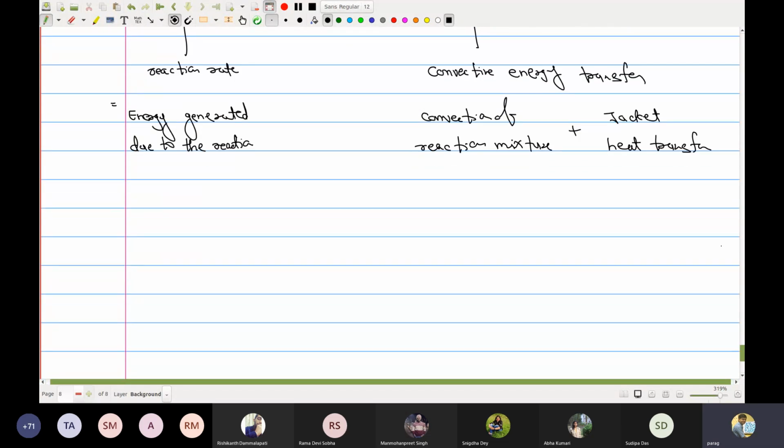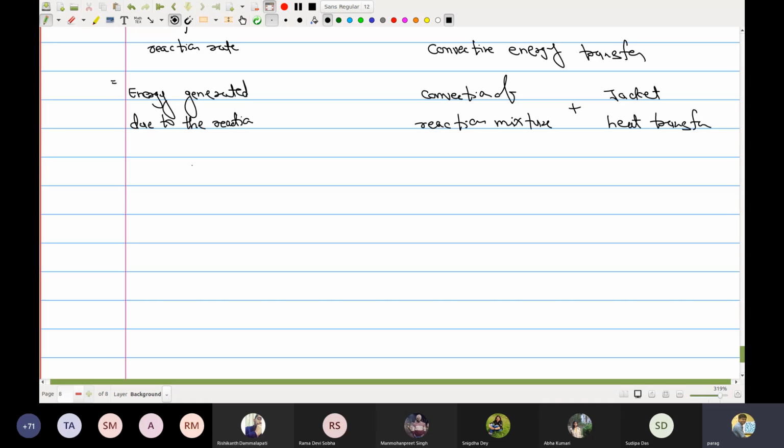So intuitively, does it make sense? Well, yes, it does, because whatever volume of fluid you take, there is C in that, and this is generating heat, which means it is increasing the temperature, right? And then there is material coming in and material going out, and the jacket is also bringing about heat transfer.